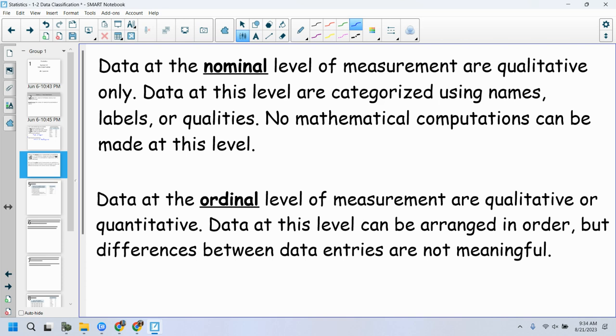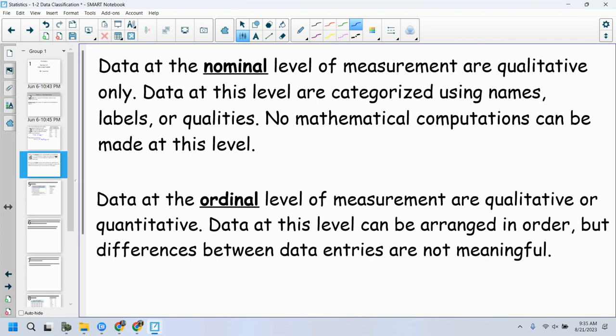Data at the nominal level of measurement are qualitative only. Nothing that is quantitative, so numerical measurements, would ever be considered a nominal level of measurement, because nominal is basically just name alone.